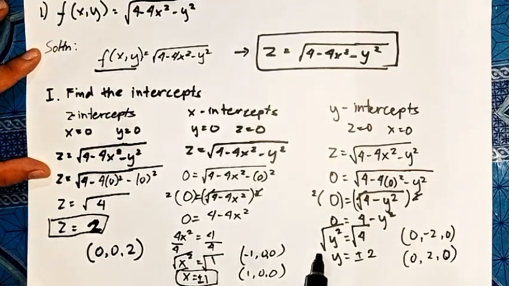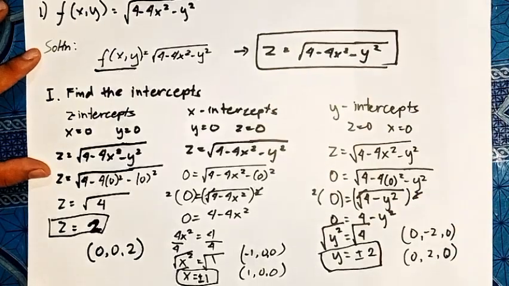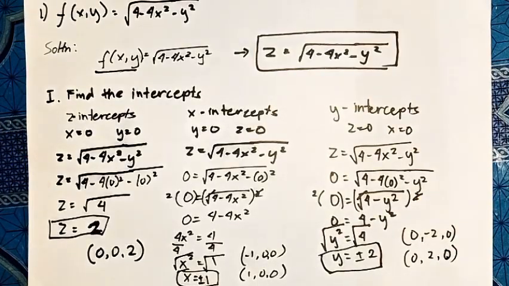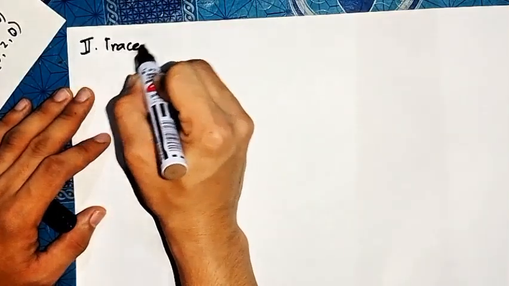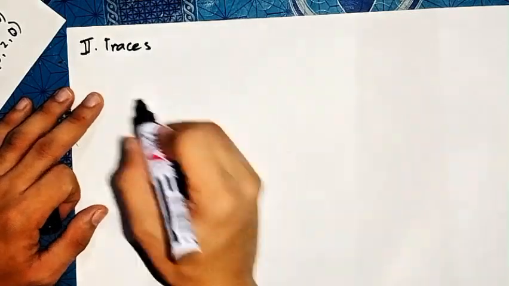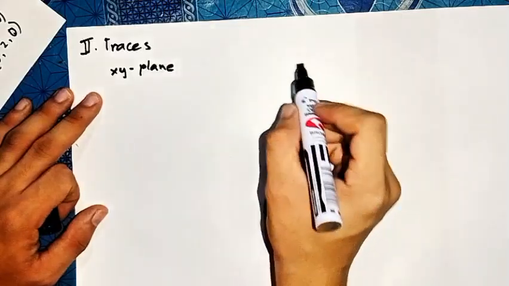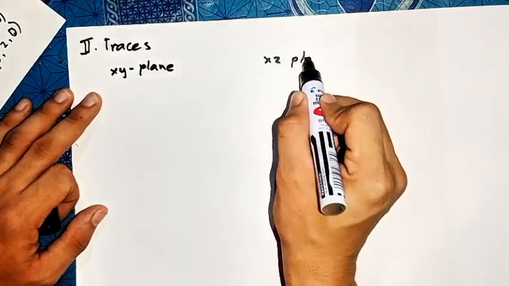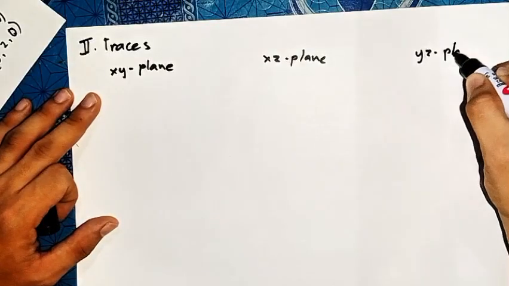Now since we have already found the intercepts, next we will proceed in finding the traces. We have also three traces: the xy plane, the xz plane, and the yz plane.